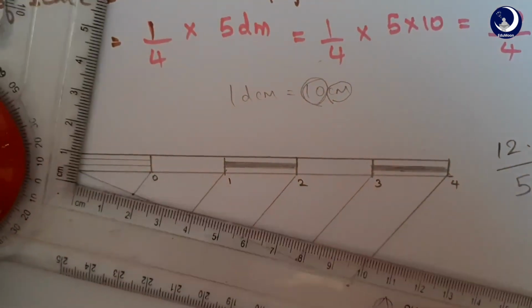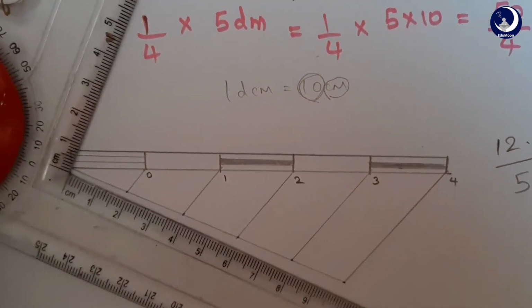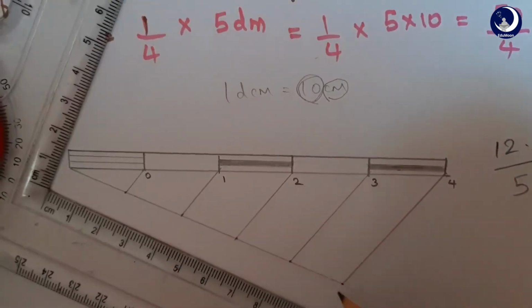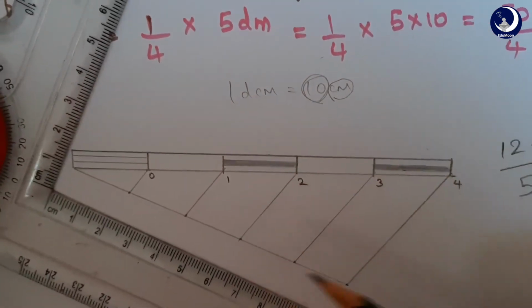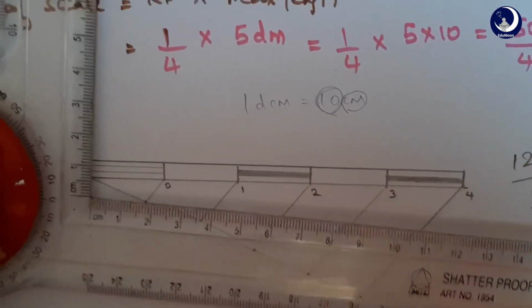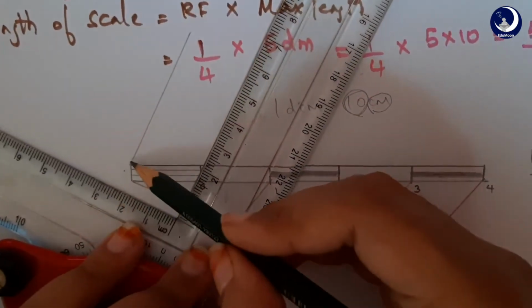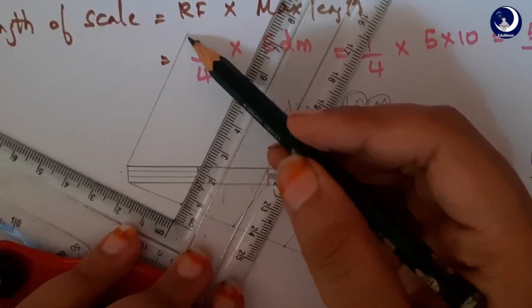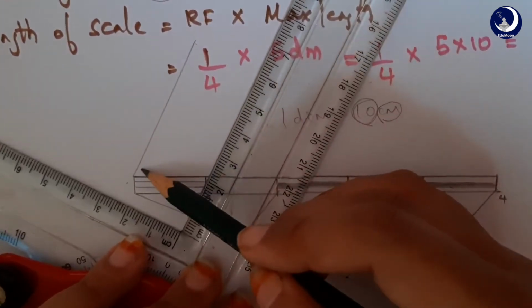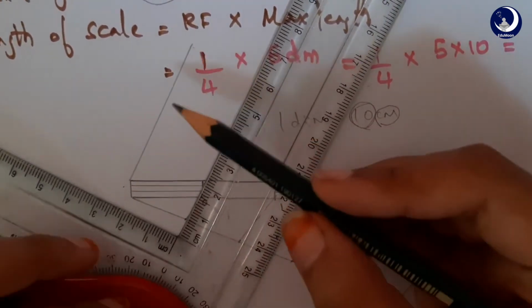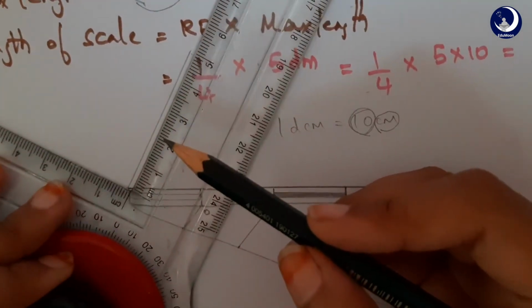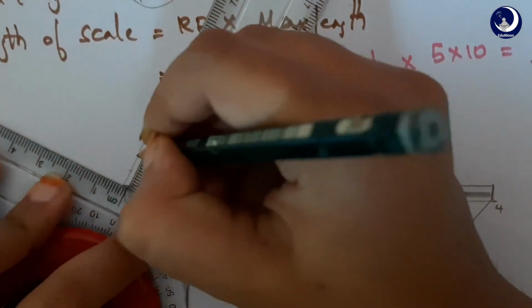We are going to use the same concept on how to divide a line. Now we can draw an acute angle downward, but we have already divided this line downward. So let us take an angle upward so that there won't be any confusion. So I have drawn a line of 5 centimeters, which also can be divided into 10 centimeters upward. And now I'm going to divide this equally into 10 centimeters.